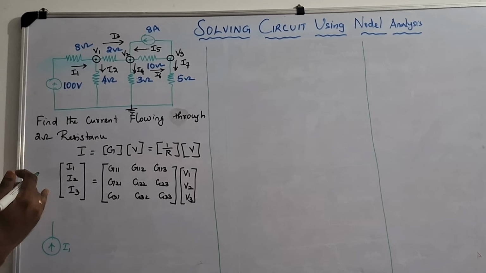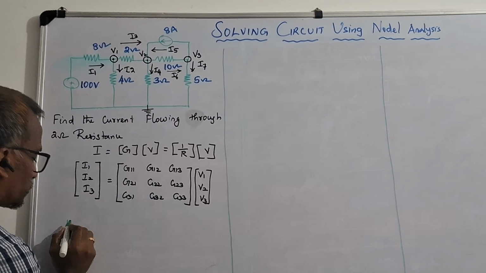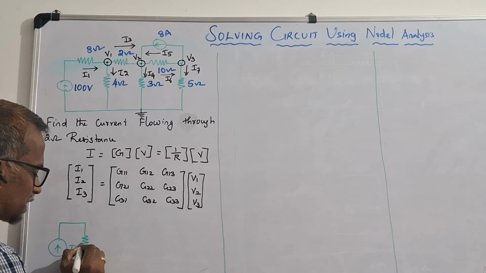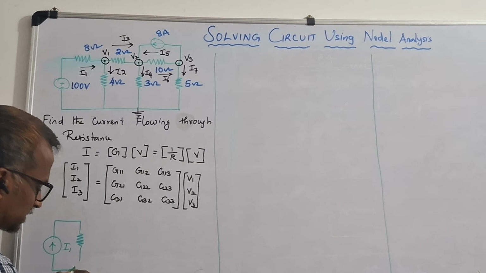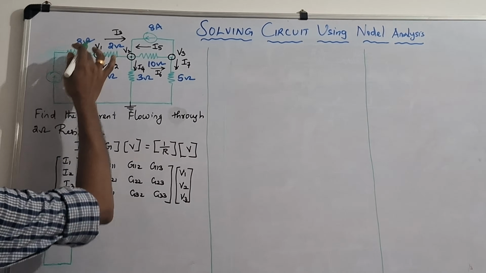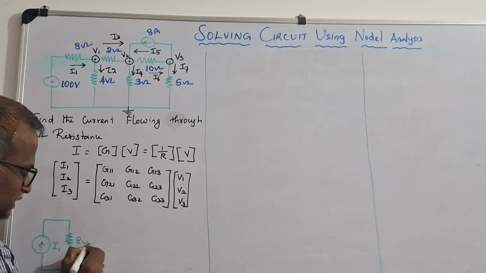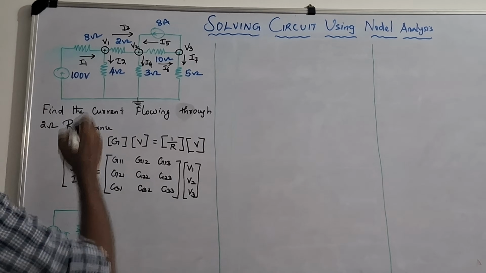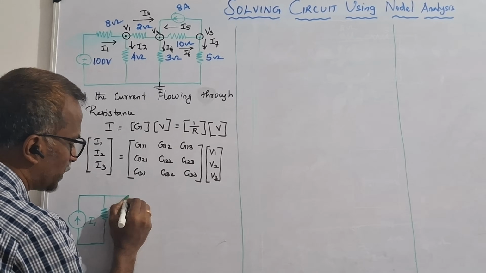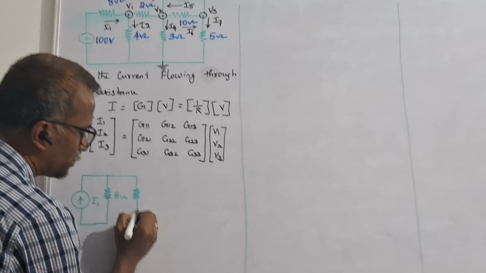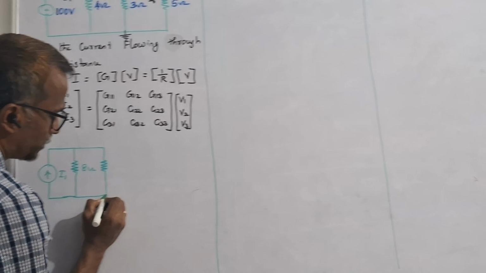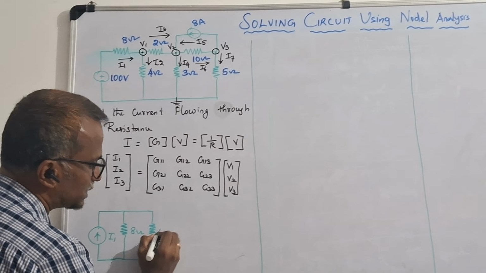When we convert that into the current source, we have to connect the resistance in parallel with the current source. The same value, 8 ohm resistance. Then we have V1, and then next is 4.